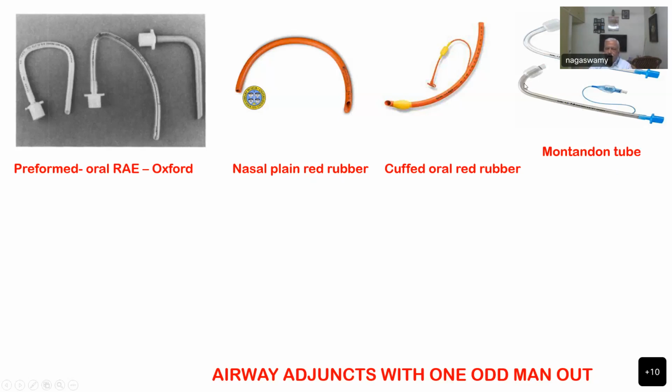It is something like a tracheostomy tube with an extended body. You put this end into the tracheostomy opening, and this tube will be fixed to the chest, either with a suture or with a plaster, and your circuit will lie on the patient's chest and abdomen. So this is a Montandon tube used for total laryngectomy surgery.